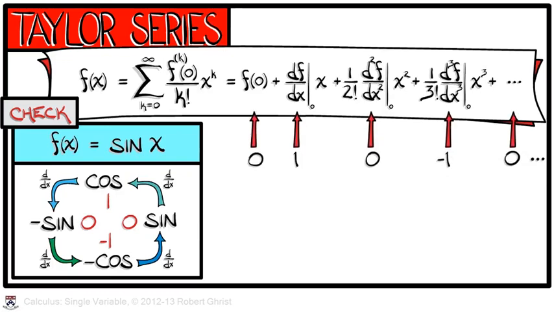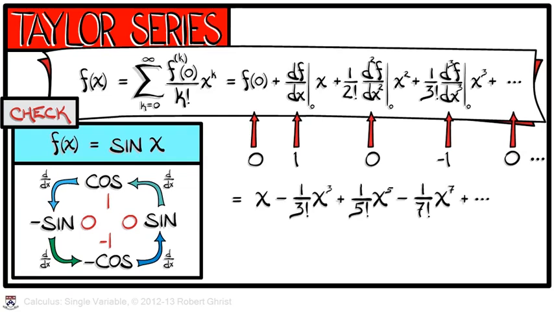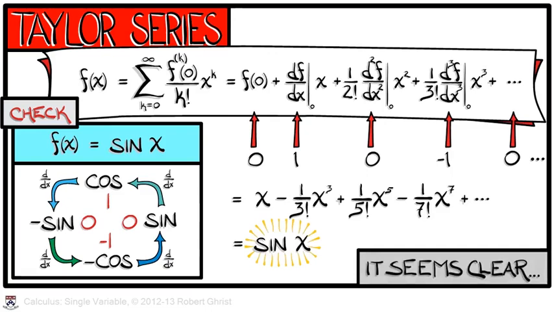Therefore, we can substitute in these derivatives, obtaining 0, 1, 0, negative 1, and repeating in blocks of 4. When we write out the resulting Taylor series, we see, once again, the familiar form x minus x cubed over 3 factorial plus x to the 5th over 5 factorial, etc. This is the expression for sine of x.